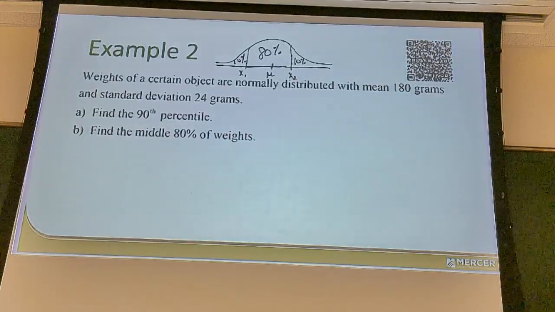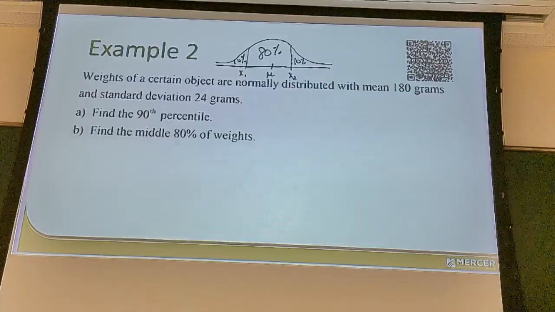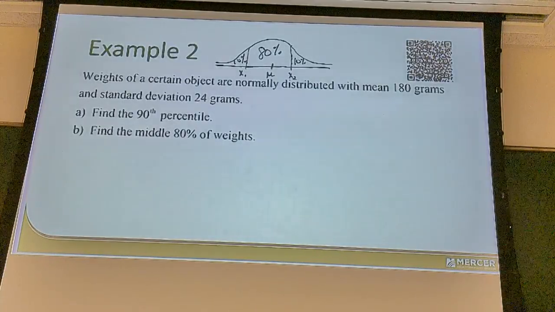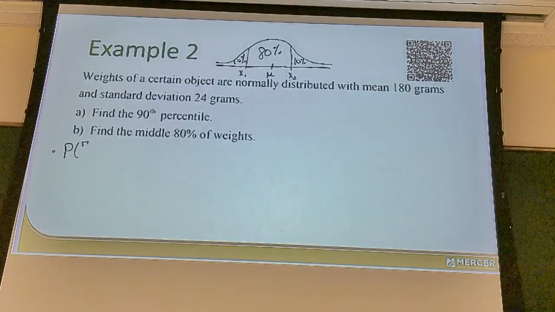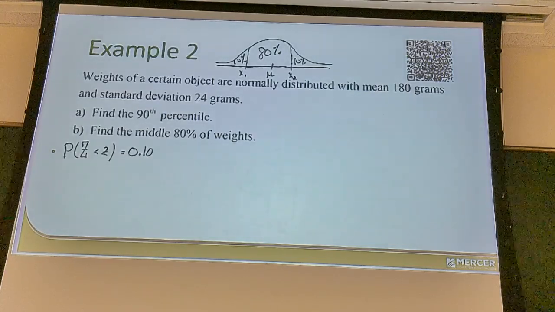And because it's symmetry, I'm just going to need to find one Z. Because then that'll tell me that the other Z is just the opposite sign of it. And then we'll convert to the regular values. So what we're going to want to find first is the Z value that gives that probability.